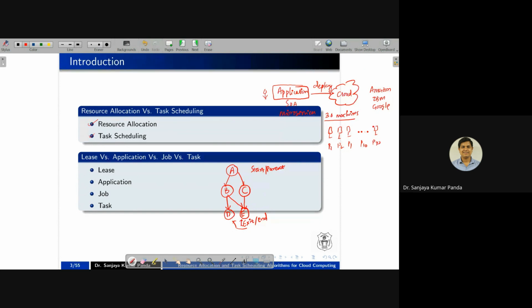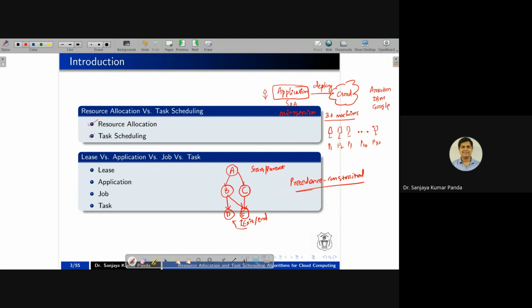You have seen that this is called a precedence constraint application. Precedence constraint applications mean there is a dependency between the tasks. B and C cannot execute unless A is executed.